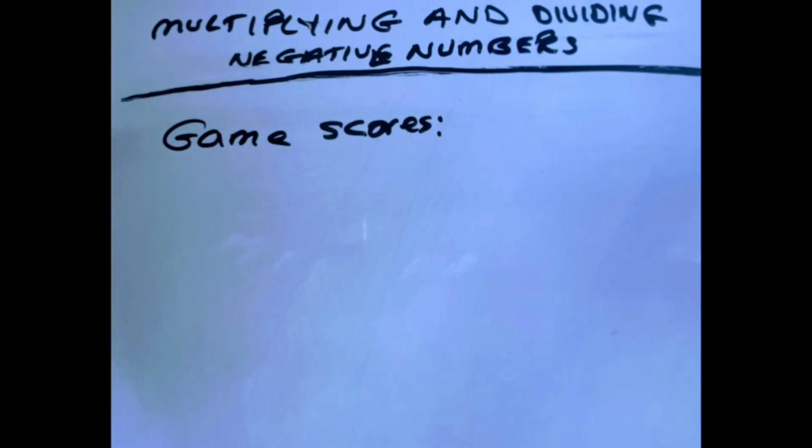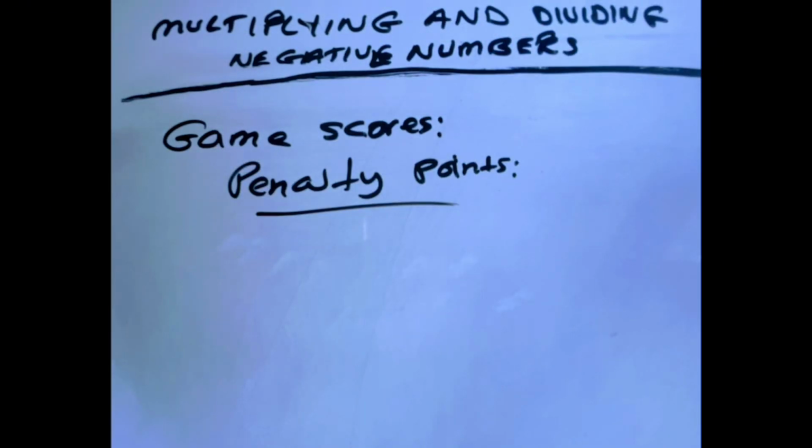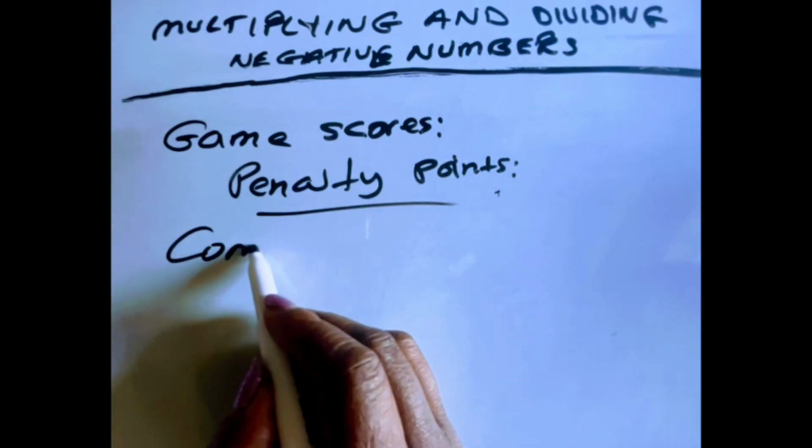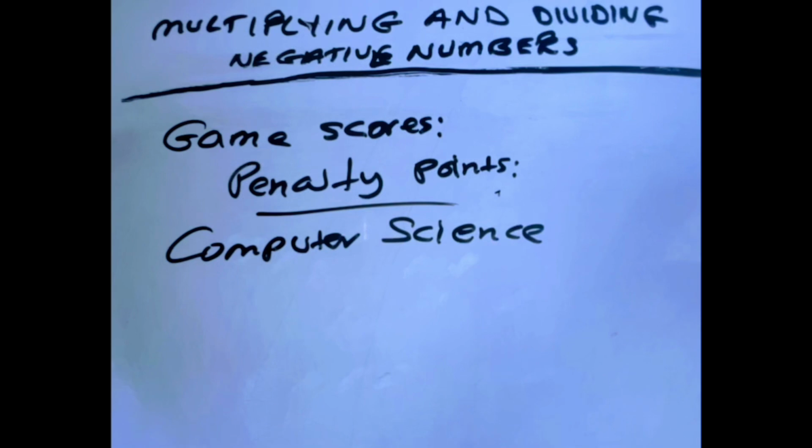Okay, now let's talk about game scores. For example, penalty points. In some games, teams can receive negative points, such as penalties, and this can impact their overall score. So there are negative numbers coming. Then we have the field of computer science. Sometimes we have data representations, okay?